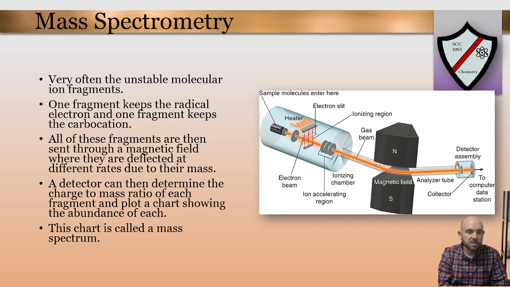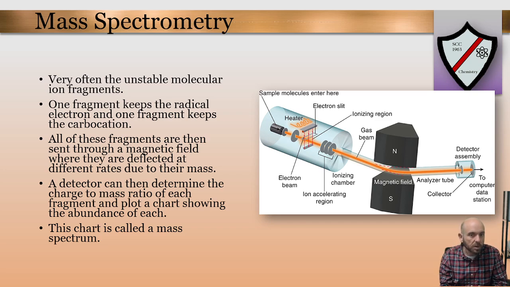We have all these charged particles, and some of them are the parent, the molecular ion with the missing one electron, and some are the fragments that result after that falls apart. They are subjected to this magnetic field, and after the magnetic field there is a detector, and the magnetic field will affect these charged particles with different force depending on their mass.